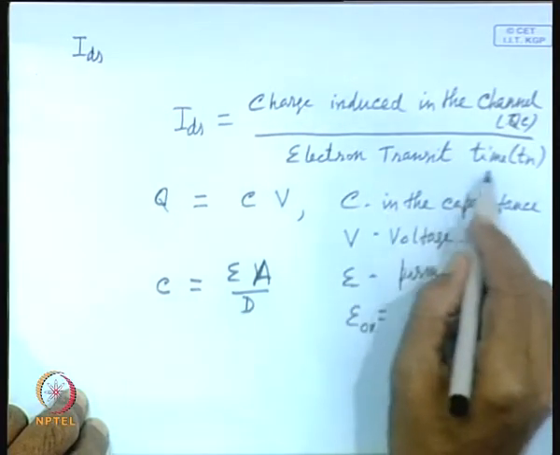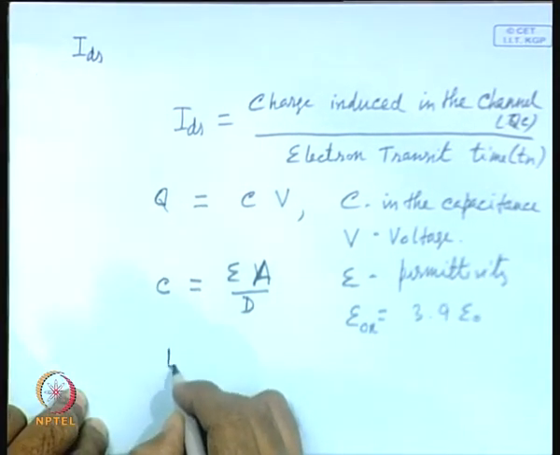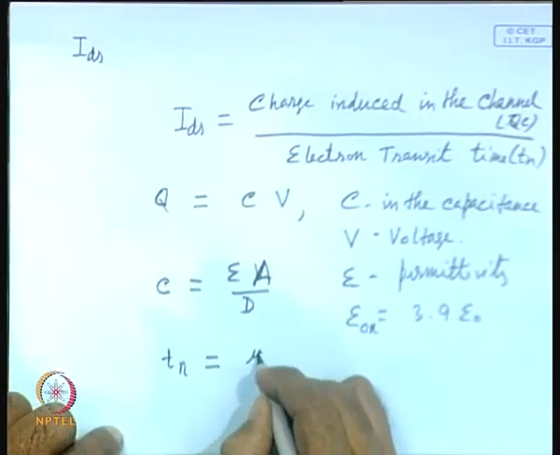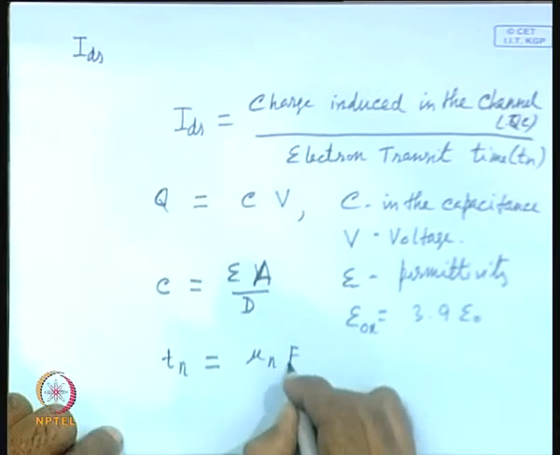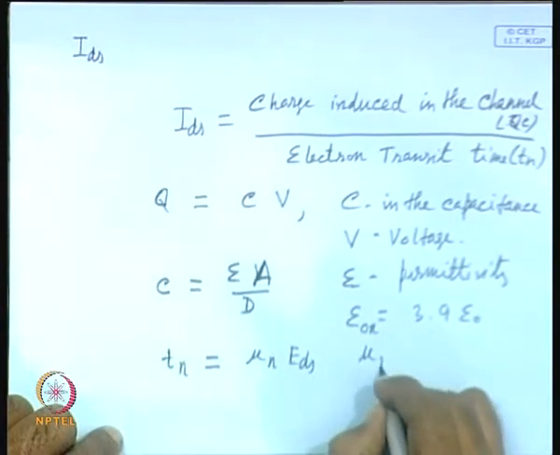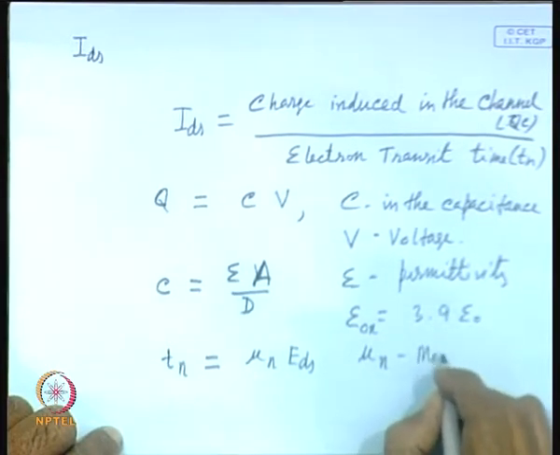What about the electron transit time? Tn will depend on what? First of all, it will depend on two things. Number one is speed, and second thing is the distance. So, we can say that transit time Tn will be equal to length divided by velocity, where velocity is mu n into EDS. Here mu n is the mobility of electron.